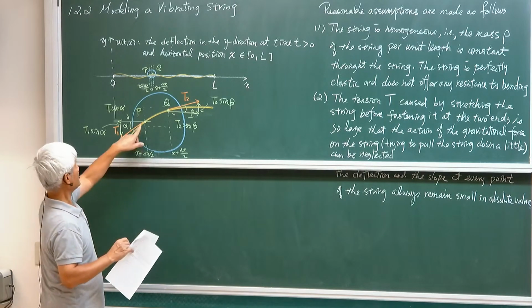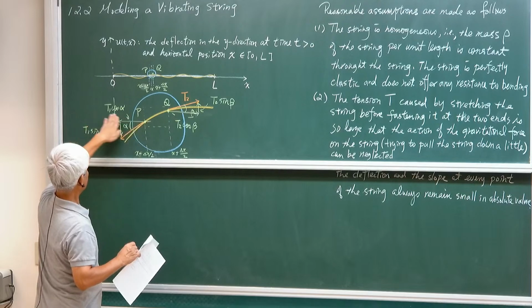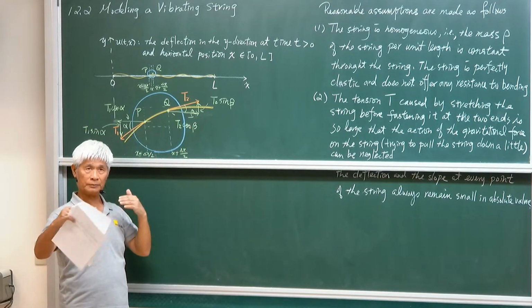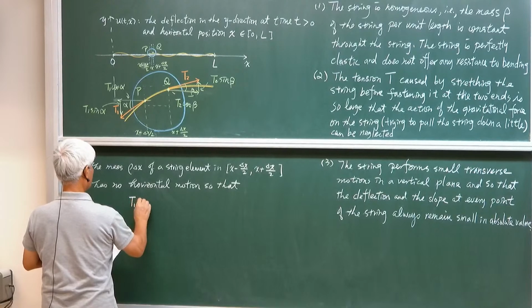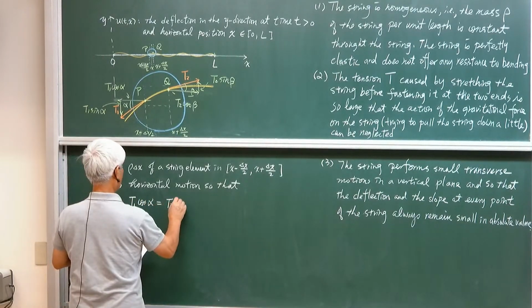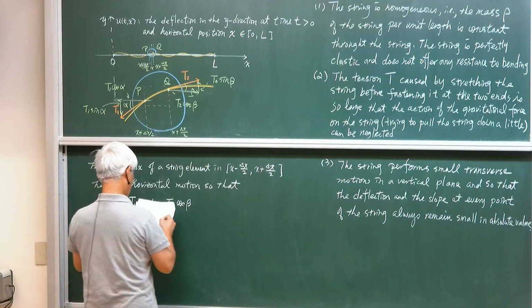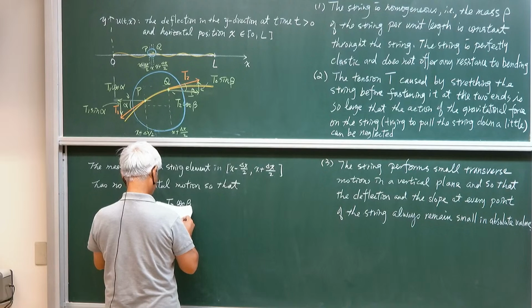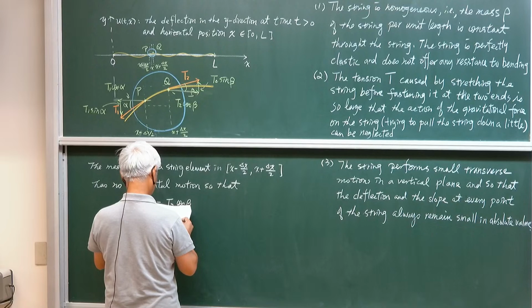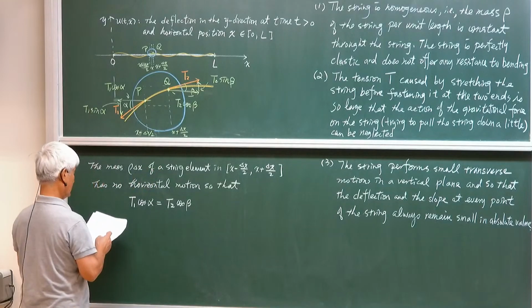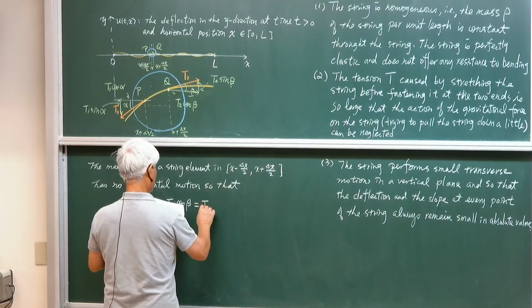As you can see, because the two horizontal components are in opposite directions, T1 cosine alpha should be equal to T2 cosine beta. And we call this tension constant.